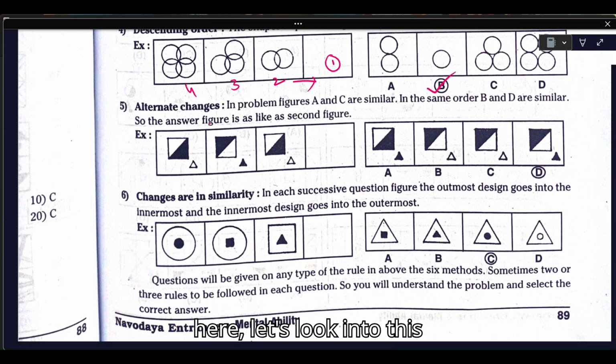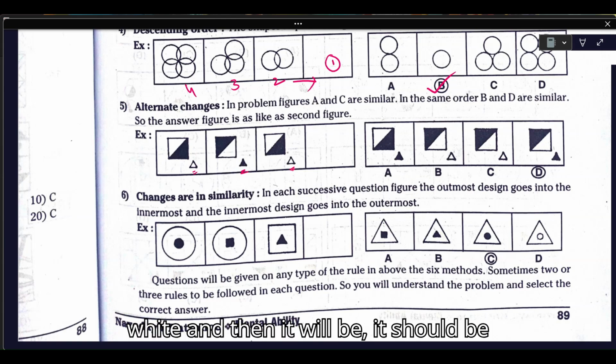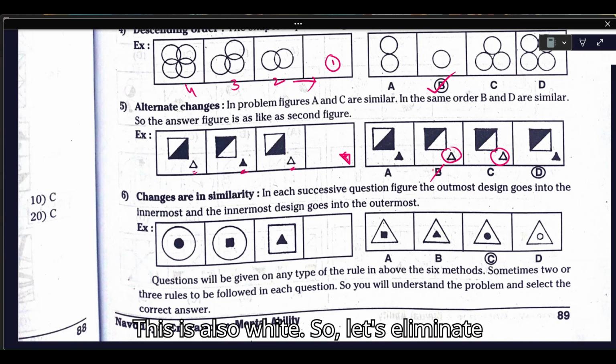And here let's look into this square and this triangle. First of all, the first triangle is white, and then it becomes dark, and then it becomes white, and then it should be black, right? This is a black triangle. We will be eliminating white triangles here. This is also white, this is also white. So let's eliminate these two, and let's look into this square.